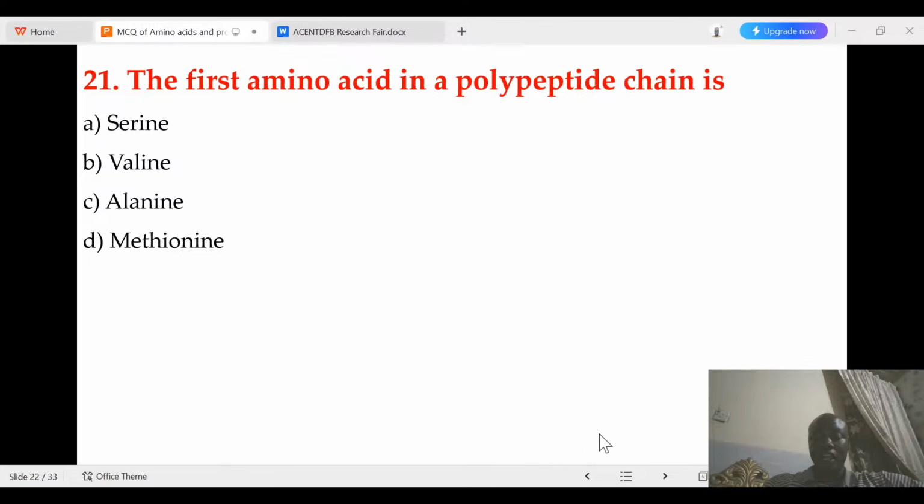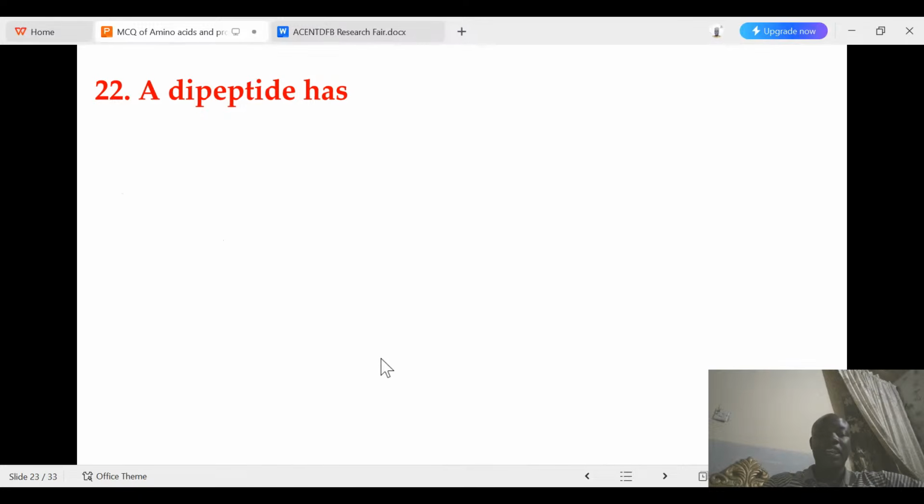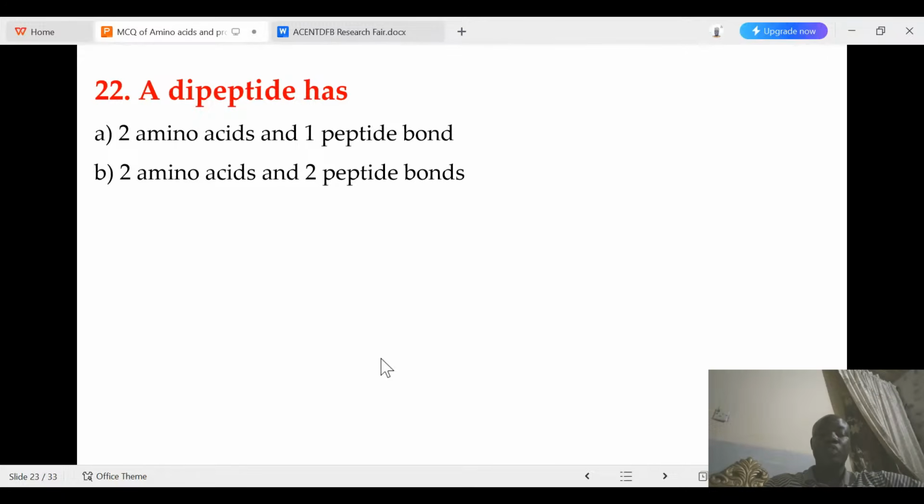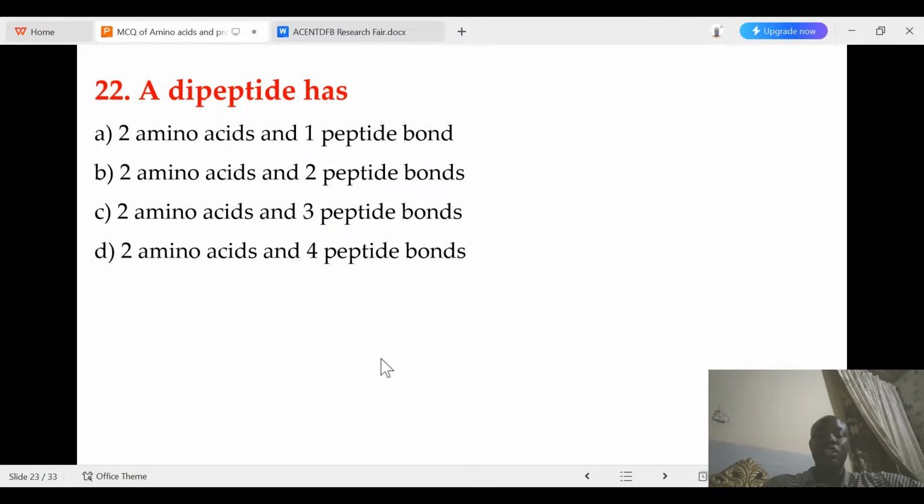So then let's move to question 22. A dipeptide has A, two amino acids and one peptide bond, B, two amino acids and two peptide bonds, C, two amino acids and three peptide bonds, D, two amino acids and four peptide bonds.